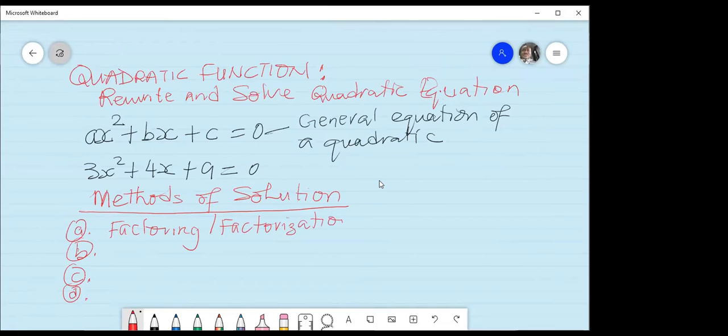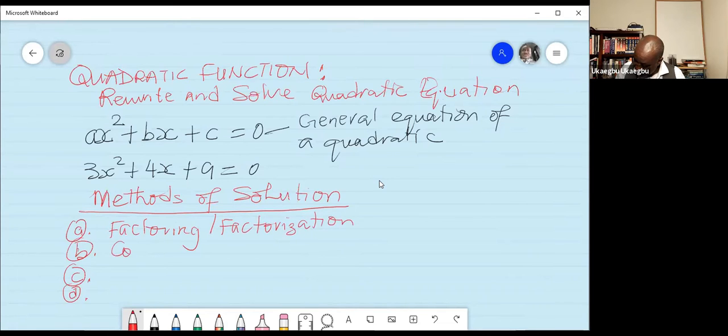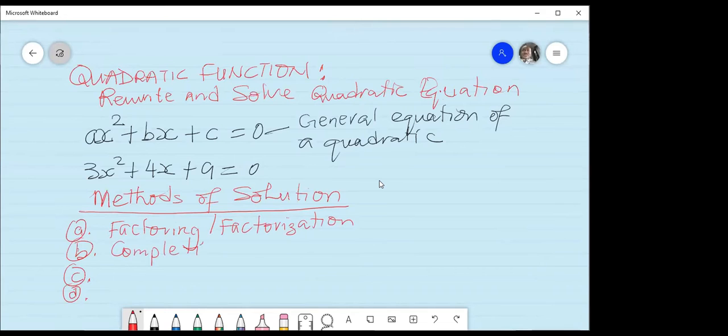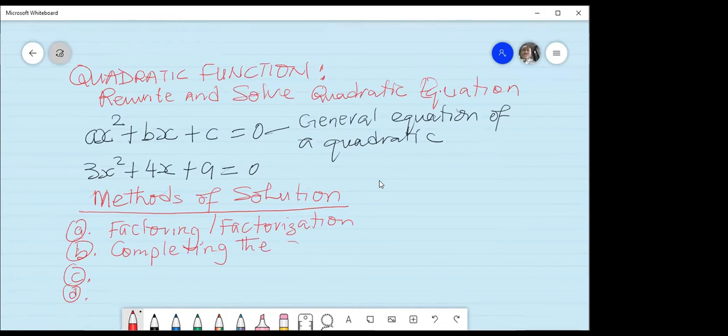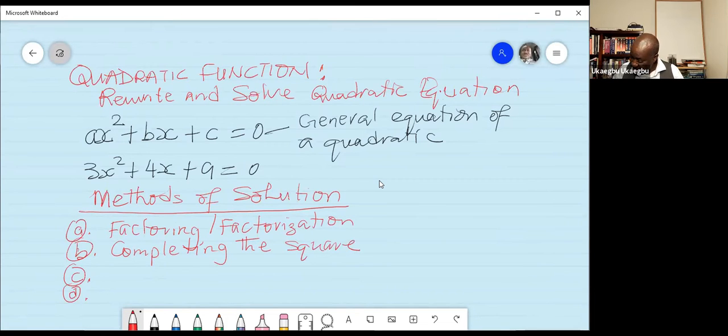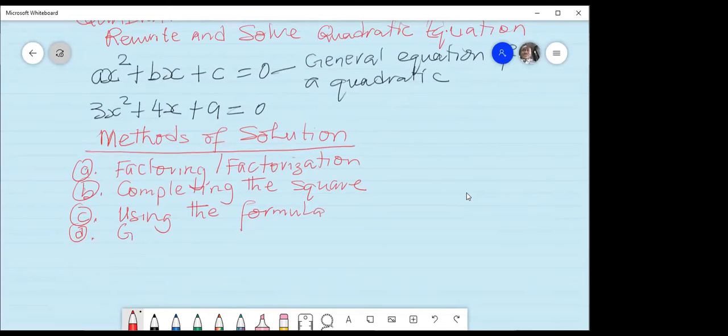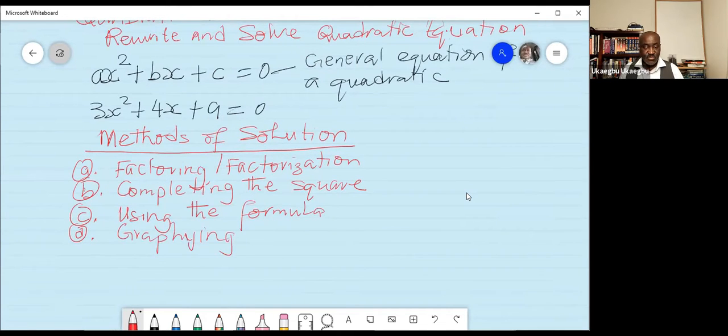Completing the square. Using the formula. And then graphing, and somebody says substitution.